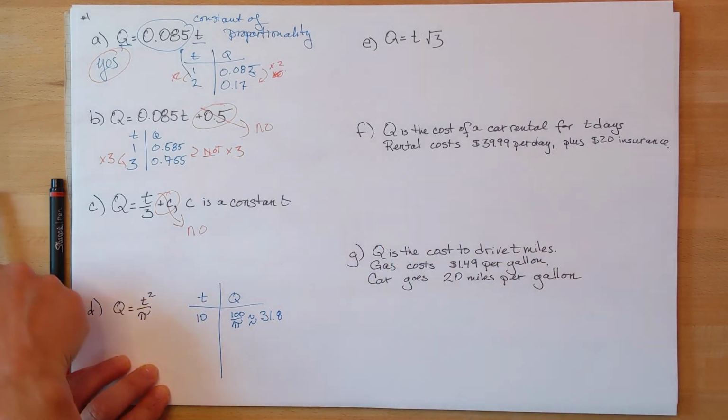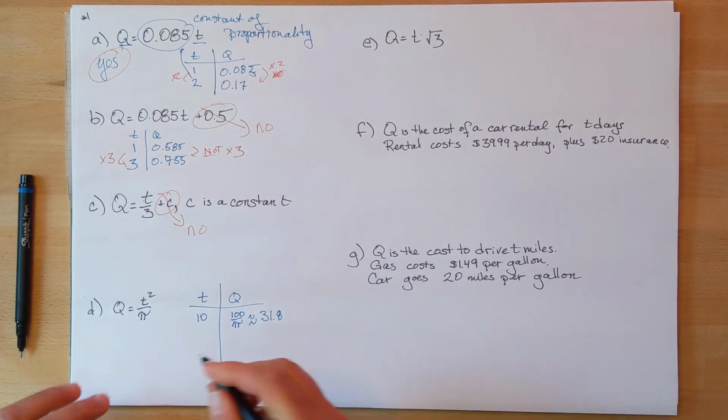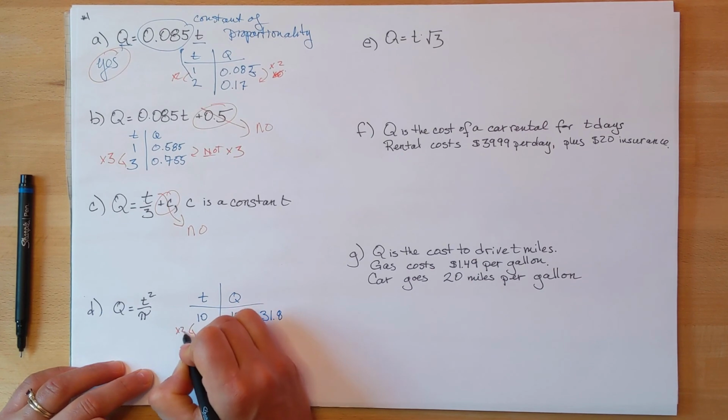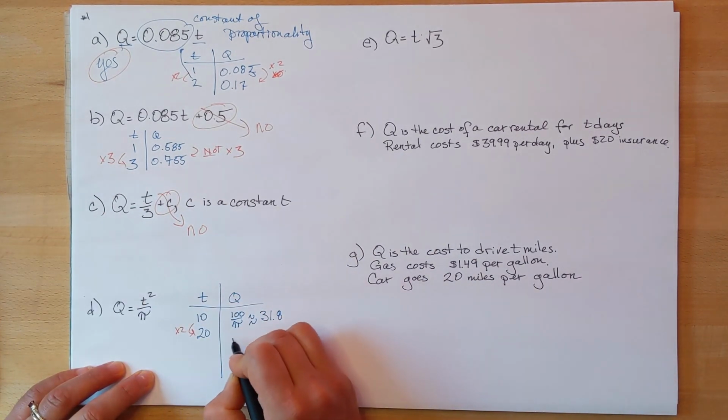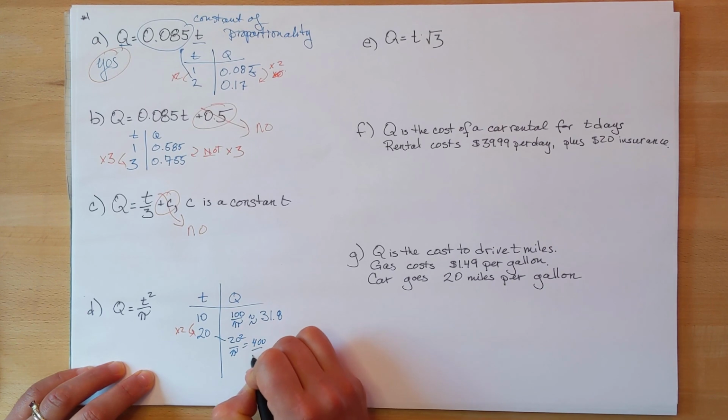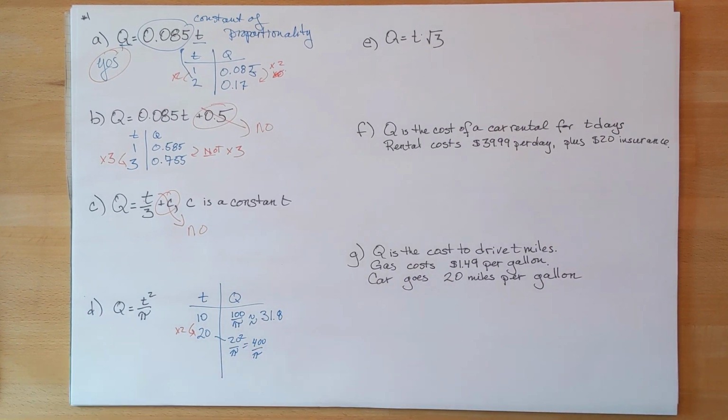But if I double T to 20, then Q would become 20 squared over pi, or 400 over pi. And just looking at this, 400 over pi is not twice 100 over pi. The actual value is something like 127.4.